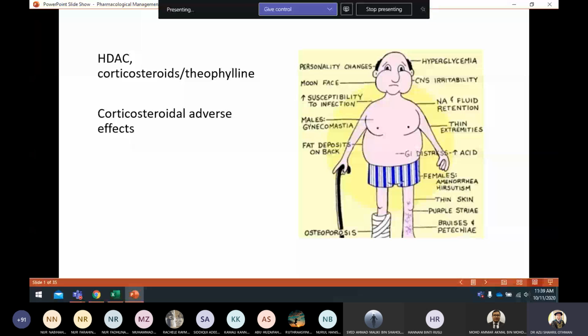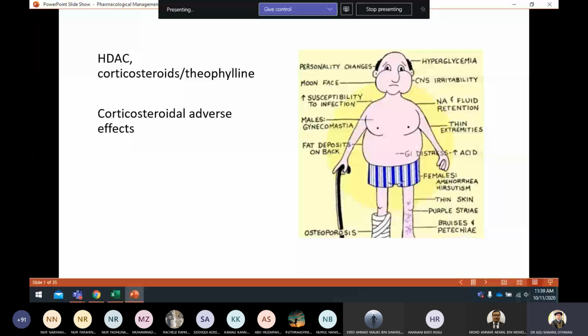Today is pretty much a revision session, and I'm just going to highlight a few things and give you a few tips on what to remember, what you really need to understand in terms of the pharmacological treatment of respiratory infections.